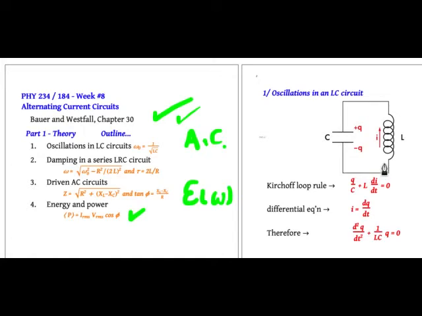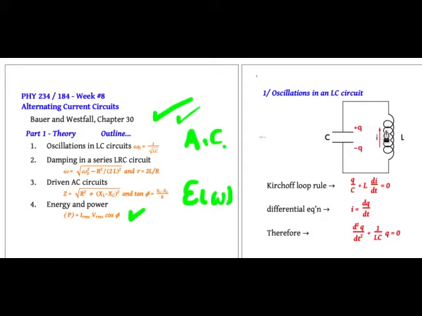And the current doesn't go through the capacitor because the capacitor has an insulating layer. But the current is directed out of one plate and into the other plate. That's what changes the charge on the plates.